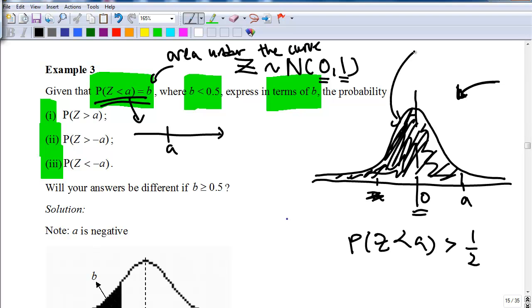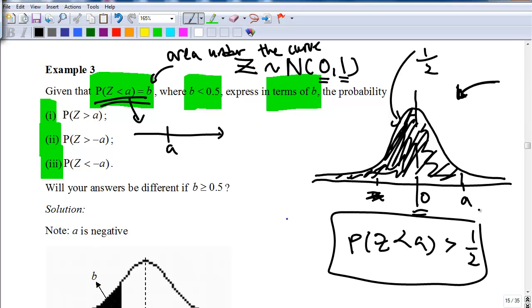This half of the curve has area under the graph of half, so the area must be bigger than half. So that's why A cannot be a positive number. It has got to be a number on the left of 0, that is, a negative number.